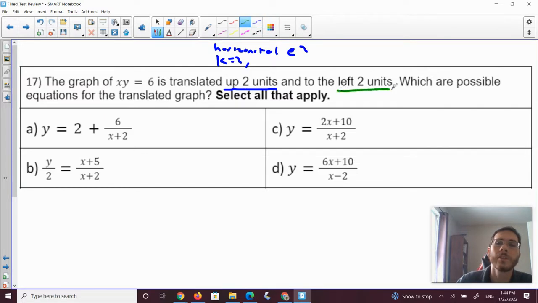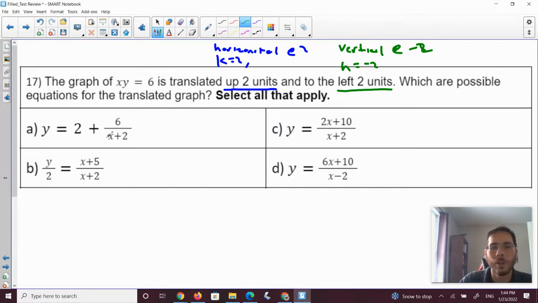If we're going to the left 2 units, again, this means that h is going to be negative 2, or we know that we're going to need to have a vertical asymptote at negative 2. So what we want to do is pick all of these that apply.